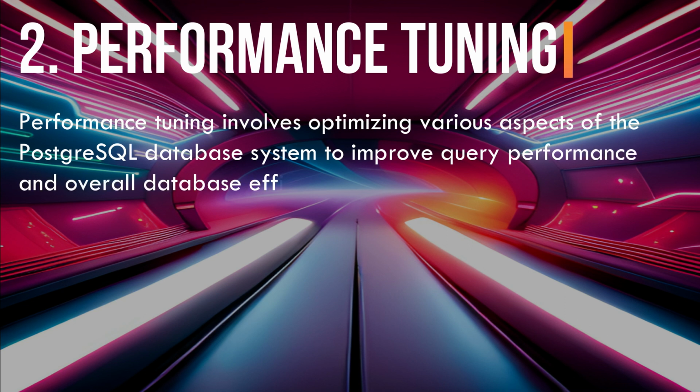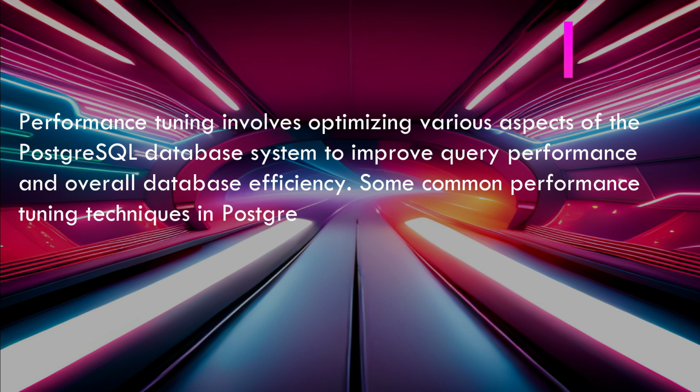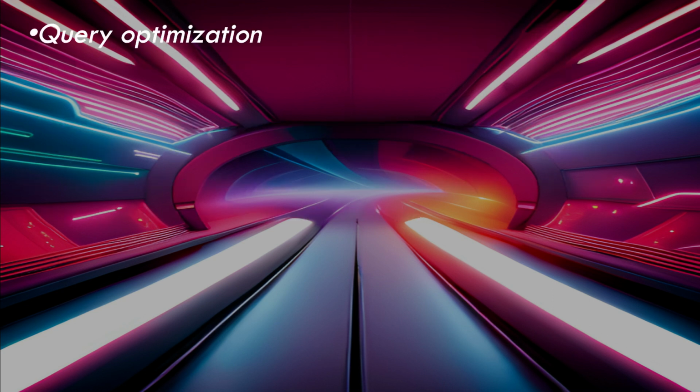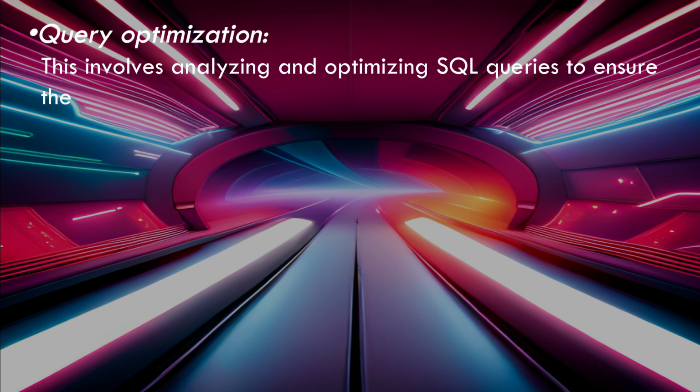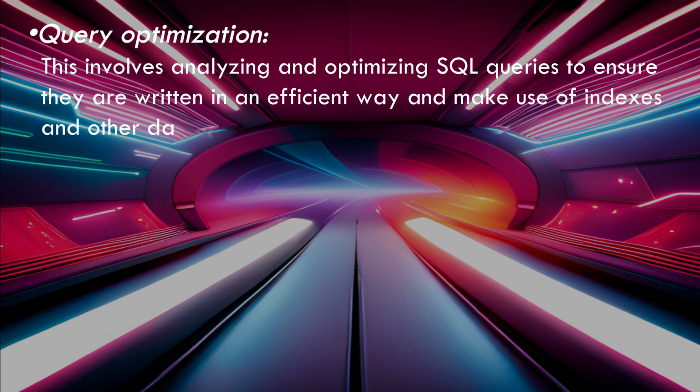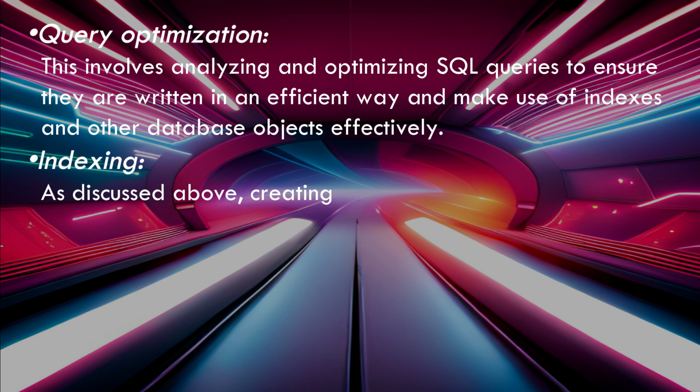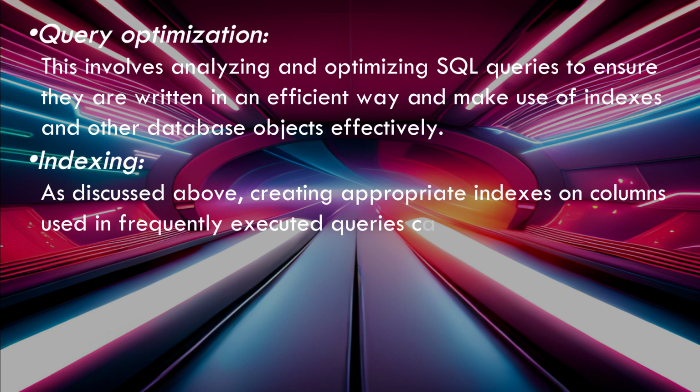Some common performance tuning techniques in PostgreSQL include query optimization. This involves analyzing and optimizing SQL queries to ensure they are written in an efficient way and make use of indexes and other database objects effectively. Indexing. As discussed above, creating appropriate indexes on columns used in frequently executed queries can significantly improve query performance.